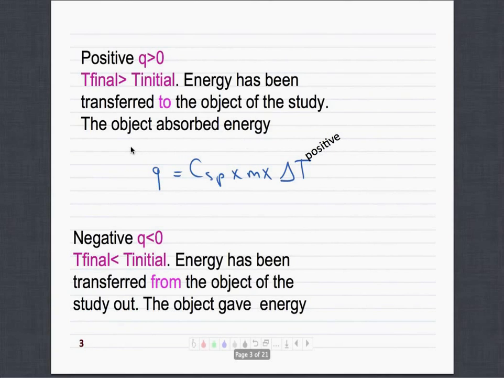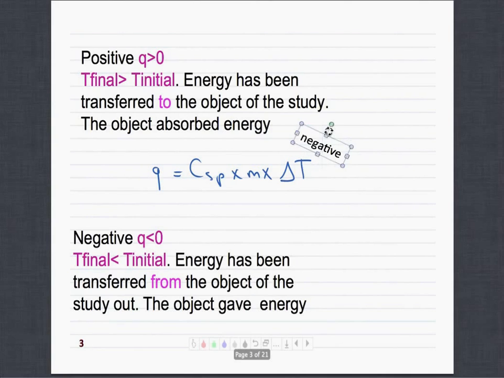Now, when Q is negative, that means the T final of the system, the water, is less than the T initial. That's when we have the water and we cool it down from 98.5 to 20.5. So T final is less than T initial.